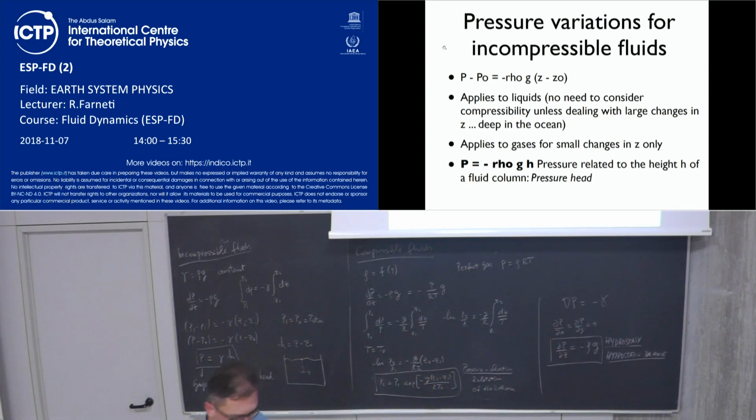This is probably something you've seen, or will see, in physics of the atmosphere. It's all very simple, but it's something that we use every day in our models and in our theories. Hydrostatic balance, gauge pressure, and the pressure elevation relationship for an isotherm.